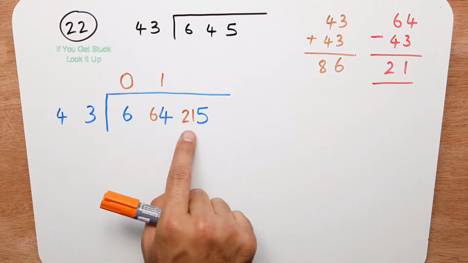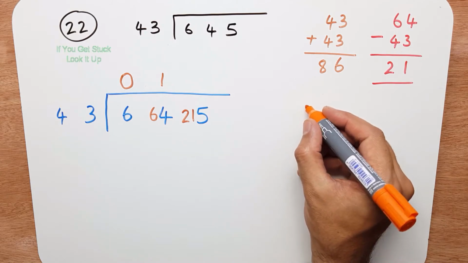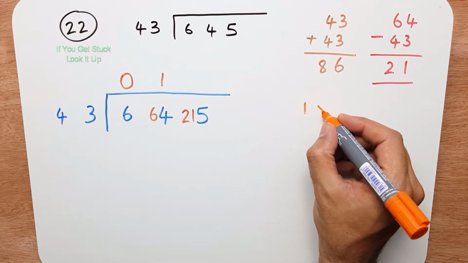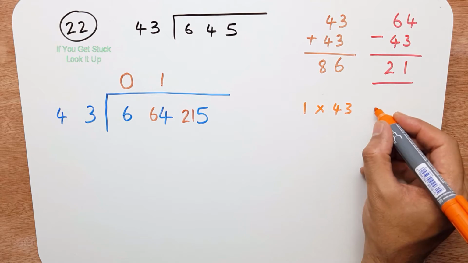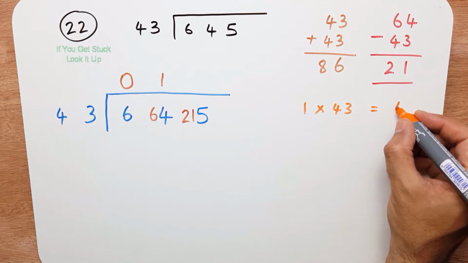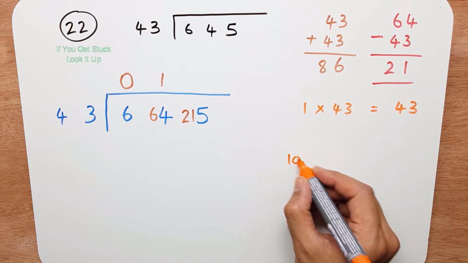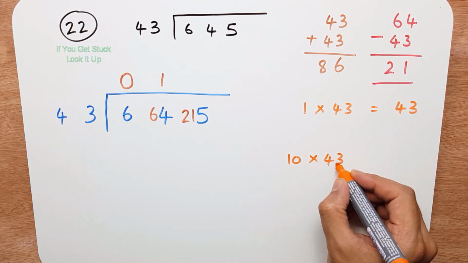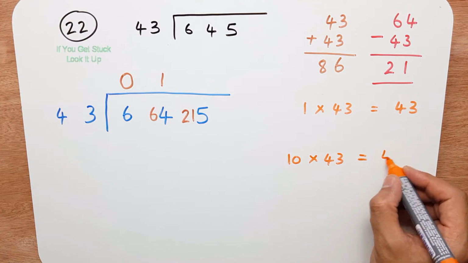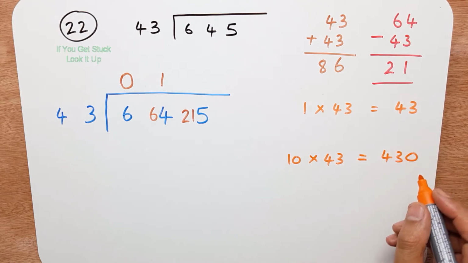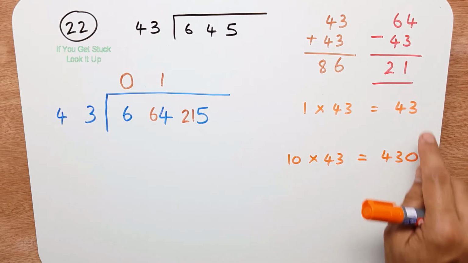Now with this, you'll see some teachers use some number facts. So I know 1 times 43 is 43. And I know 10 times 43 is 430. So that's too small, that's too big.